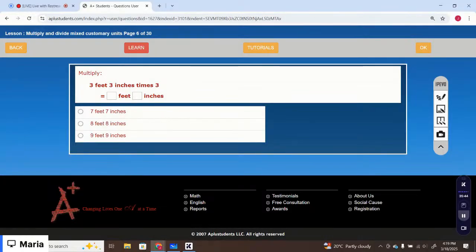The next one is 3 feet 3 inches times 3. So we have to multiply the two values by 3. So which is the correct option?